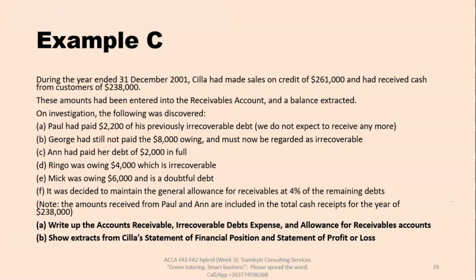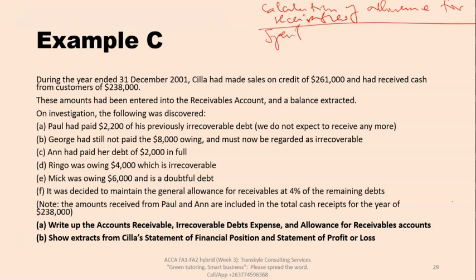Calculation of allowance, that's the first working, the allowance for receivables. We start with the specific. Specific is those ones which are clearly identified as doubtful. For example, this one. Do we have another one?